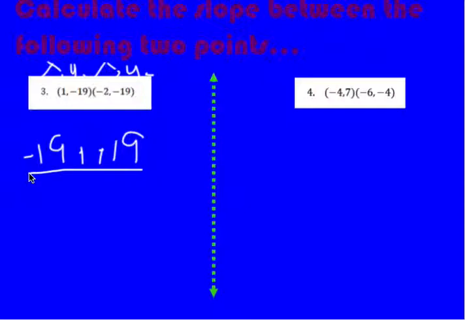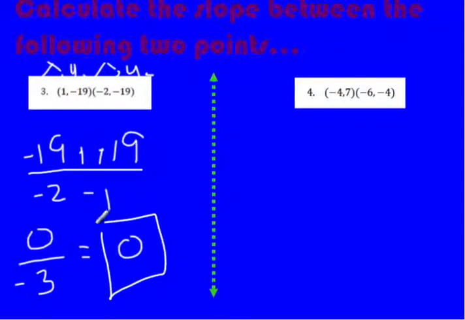And then on the bottom, x2 minus x1. So now I have negative 19 plus 19, which is going to give me 0. Negative 2 minus 1, again, that's going to get more negative, so that's going to be a negative 3. Well, 0 divided by any number is always going to be 0. So this one has a slope of 0, which means it's going to be a horizontal line.